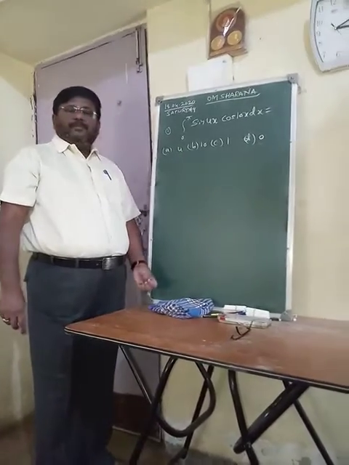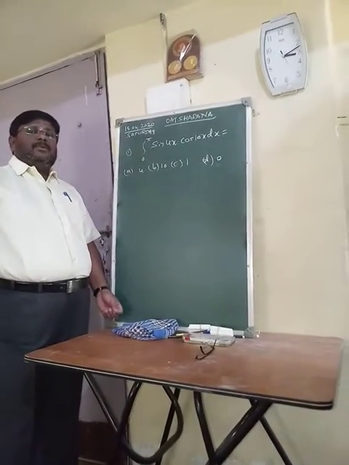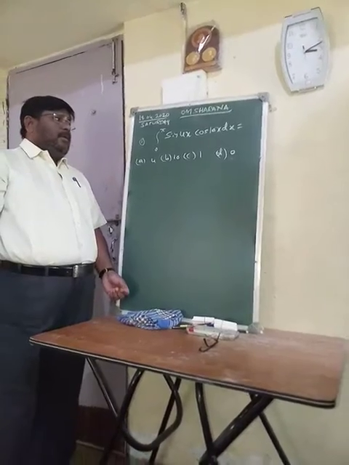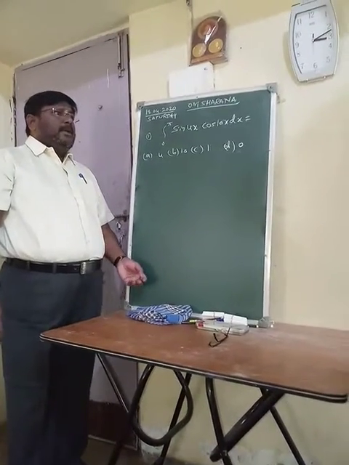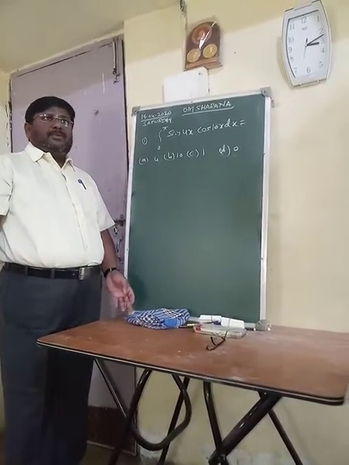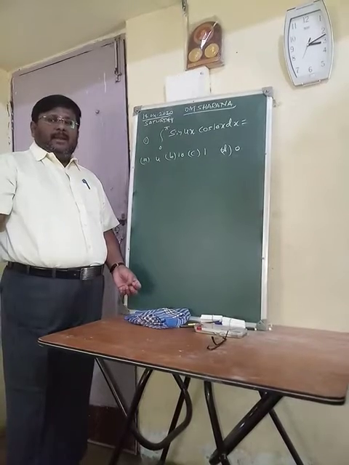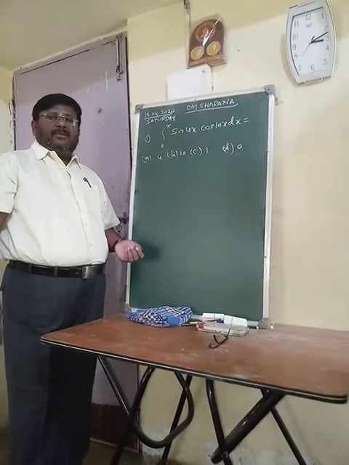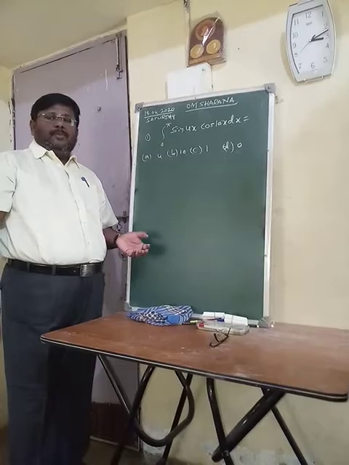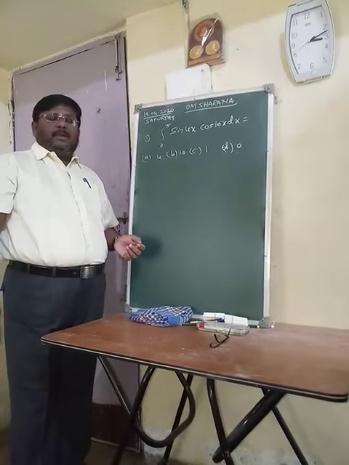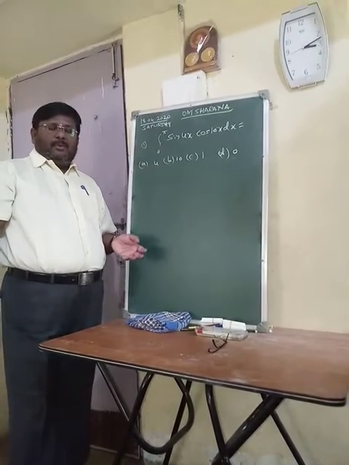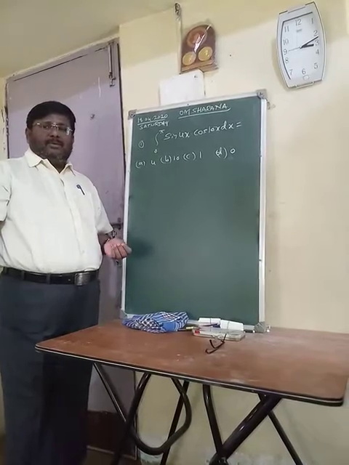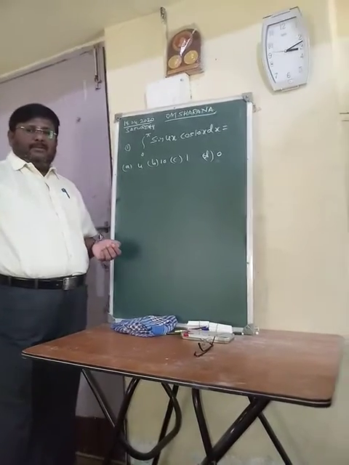Well, dear students, today we are going to continue the shortcuts for definite integrals. In the previous class, we have seen a few problems with the very quick methods. Today also, we would like to continue with those definite integrals.